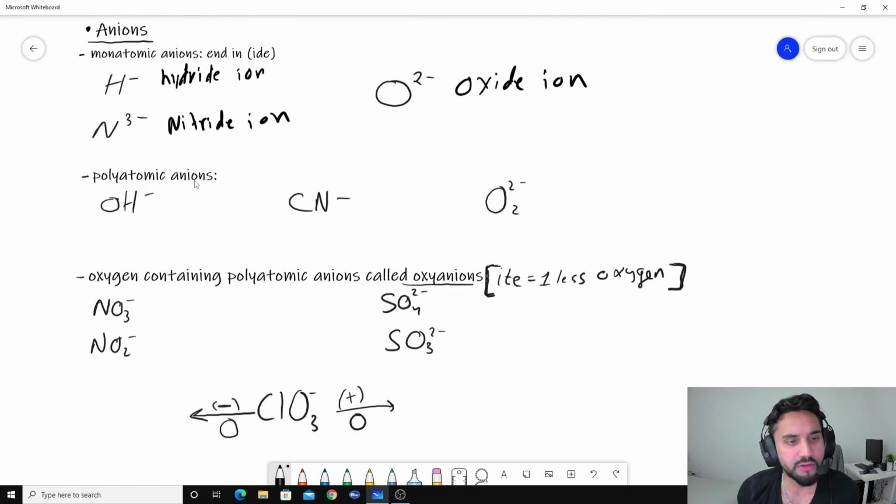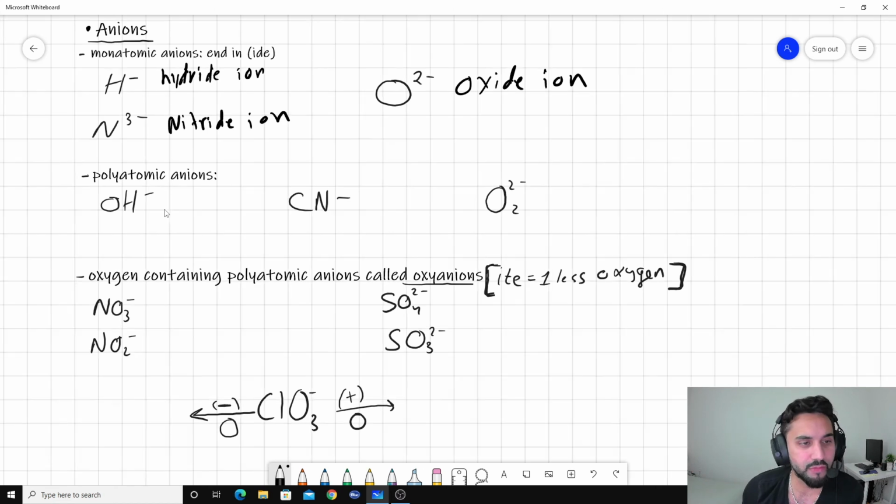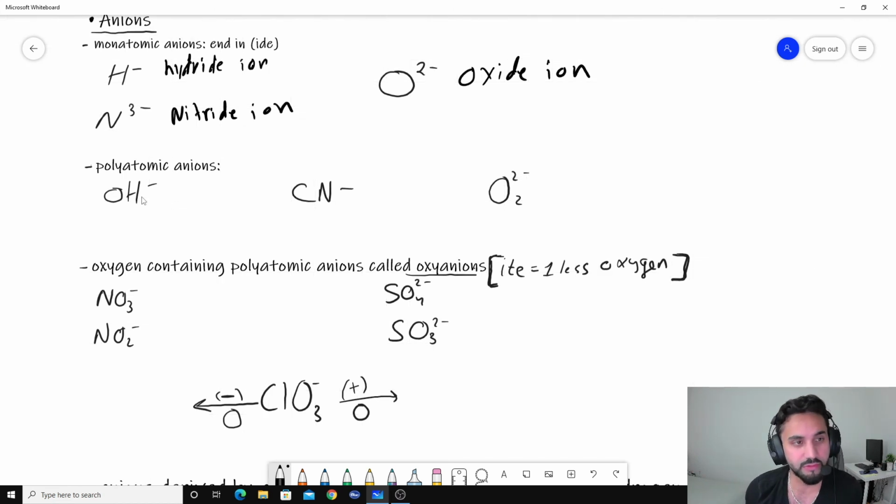Here we have polyatomic anions. Poly means multiple atoms. Here we have oxygen, hydrogen. The way we name this molecule, also the name ends in IDE.